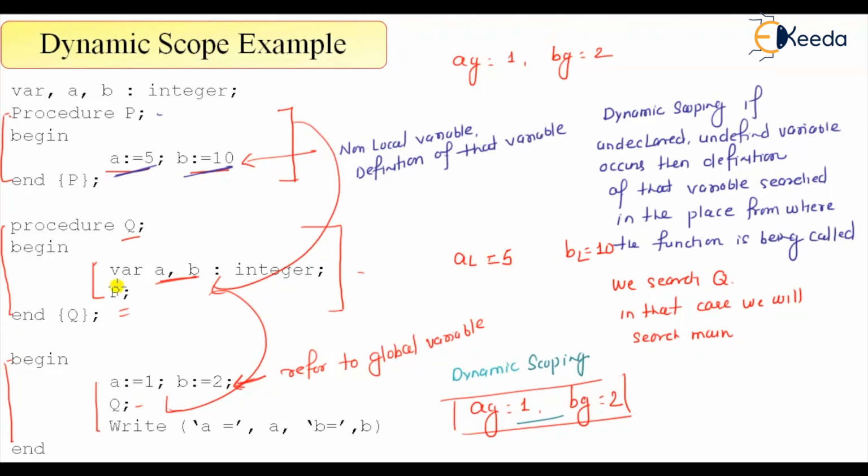But in static scoping, the global variable changes, so A will be equal to 5 and B will be equal to 10. So these values differ from the previous case.